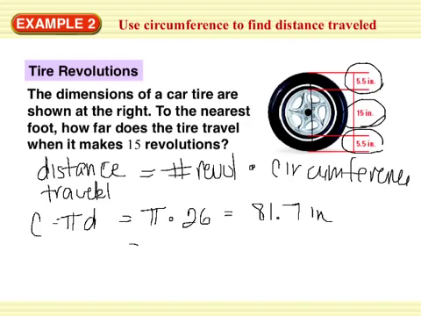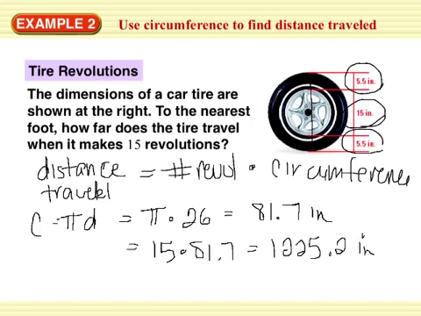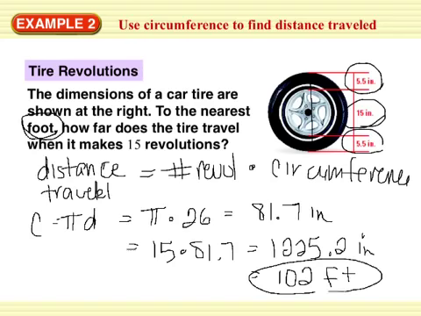Okay, 15 revolutions times 81.7. 1,225.2 inches. That really doesn't make any sense, and it says to the nearest foot, so I'm going to divide that by 12 to get 102. It says to the nearest foot, so we round there, 102 feet, approximately.